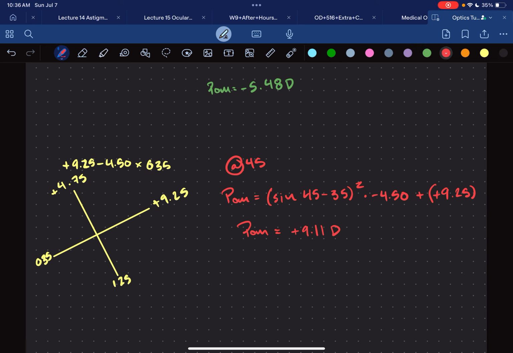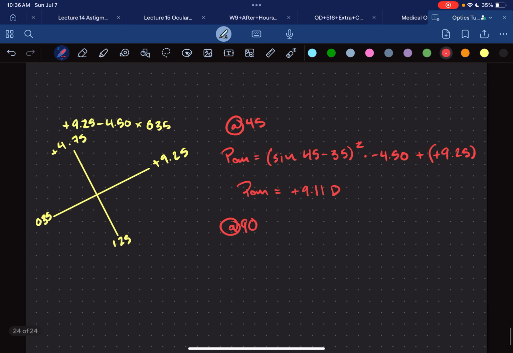Okay, let's do it real quick at the 90. So power equals sine of 90 minus 35 squared times the cylinder, which is a negative 4.5, and then add that to the sphere power.